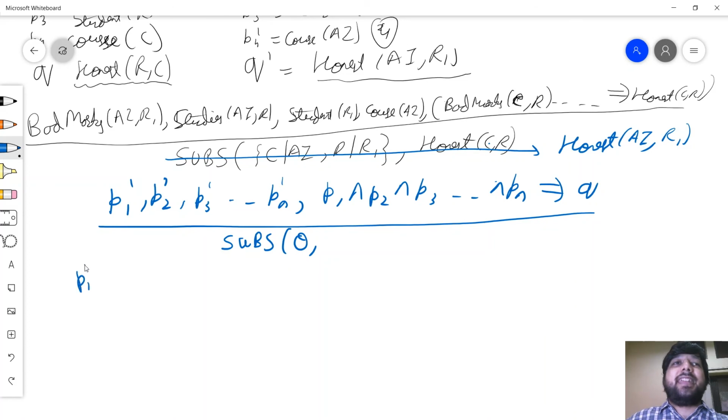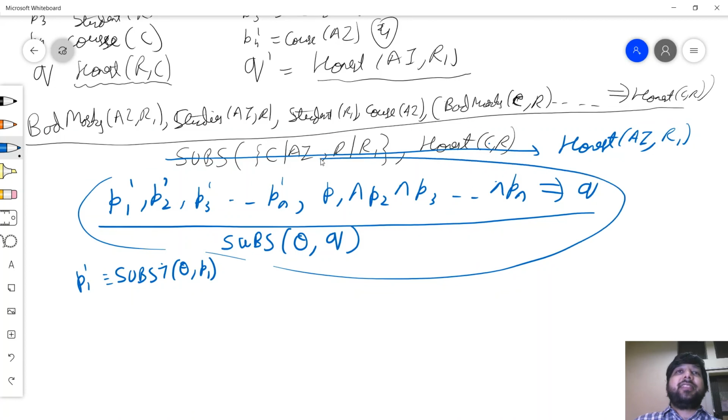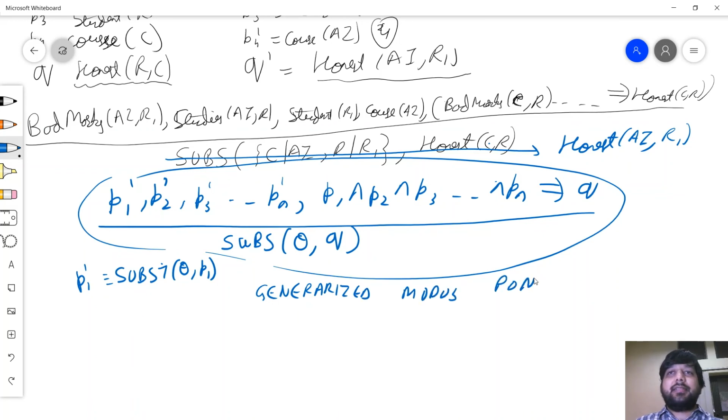So P1 dash is basically obtained from substitution of theta into P1. And this is what is the generalized modus ponens. And that's what I obtain from it.